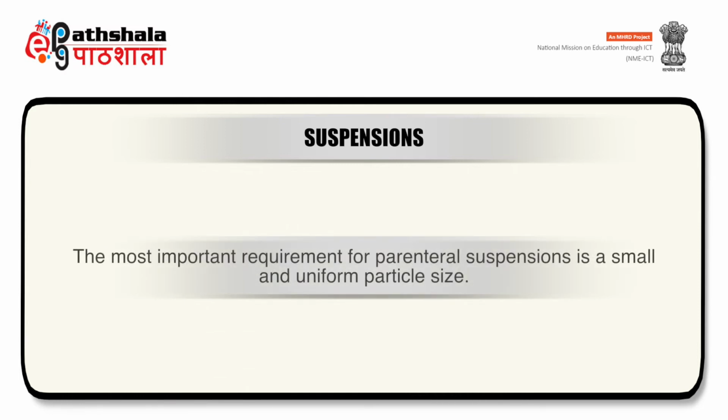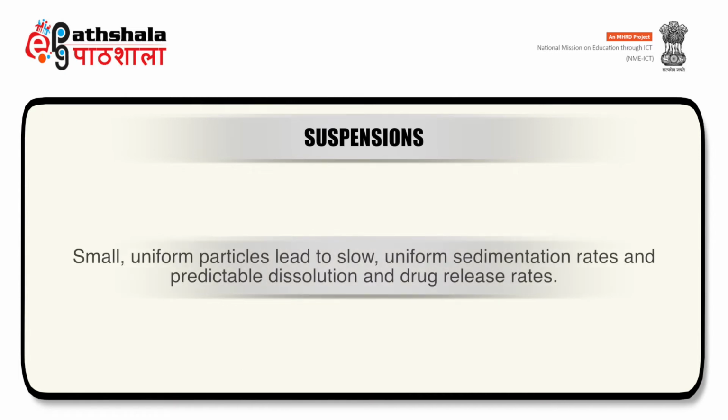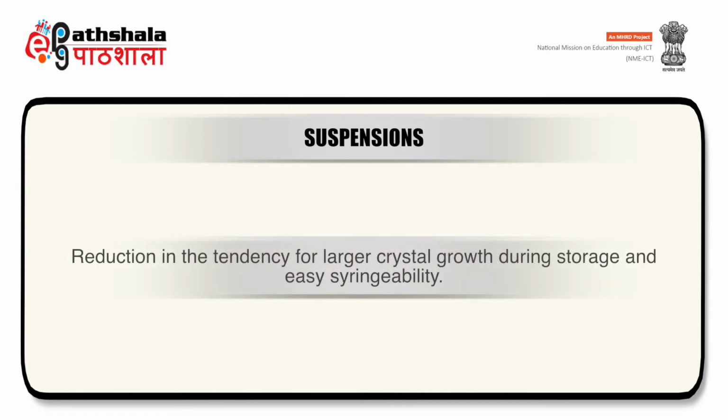The most important requirement for parenteral suspensions is a small and uniform particle size. Small uniform particles lead to slow uniform sedimentation rates and predictable dissolution and drug release rates. Small uniform particles also lead to a reduction in the tendency for larger crystal growth during storage, and easy syringeability.